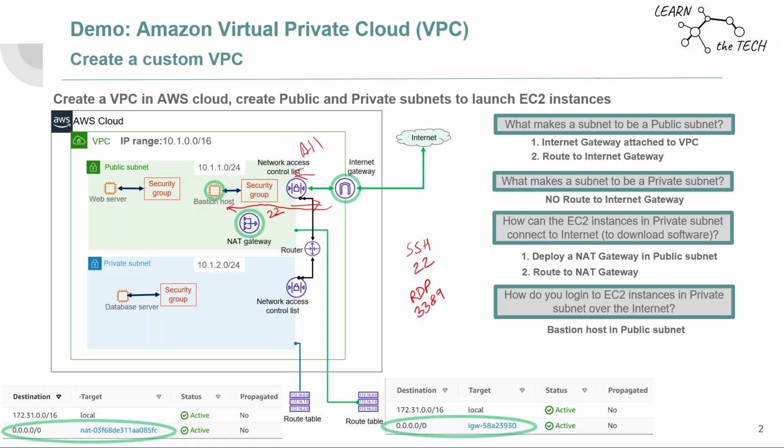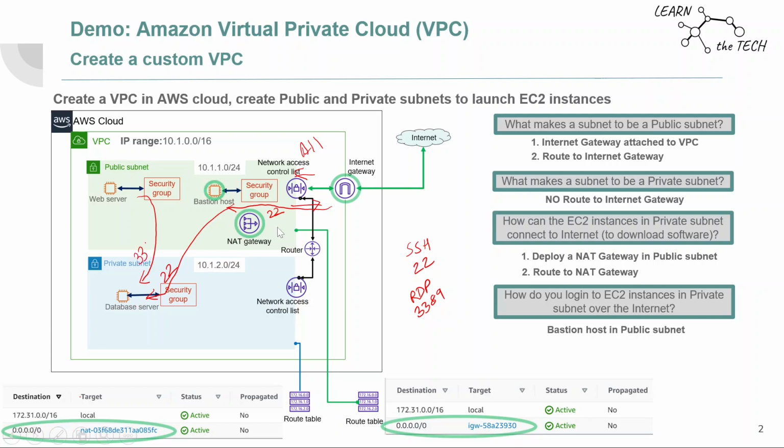So again, we will define an incoming rule, an inbound rule, to allow port 22 from the bastion host, or the security group attached to the bastion host, coming into the database server. And because our web server, which has the web application, needs to connect to the database server, we'll also define a rule from the web server, or the security group attached to the web server, coming into the database server.